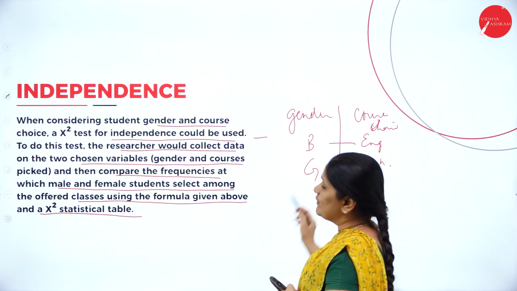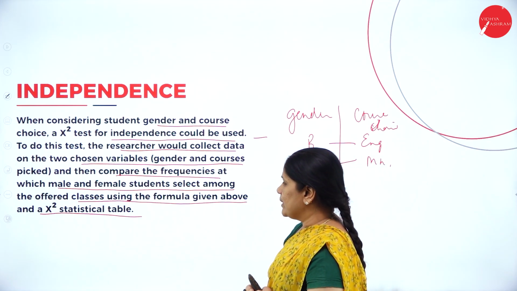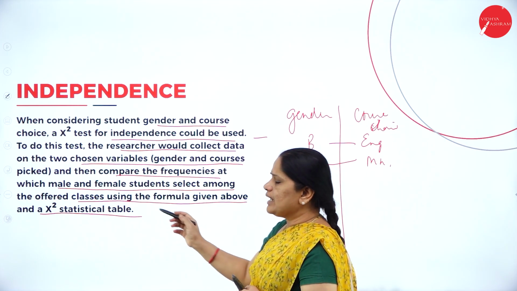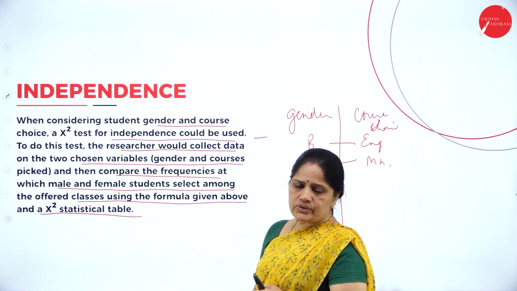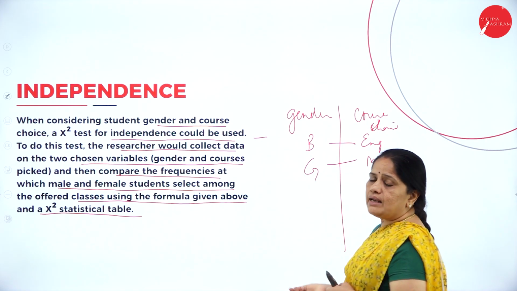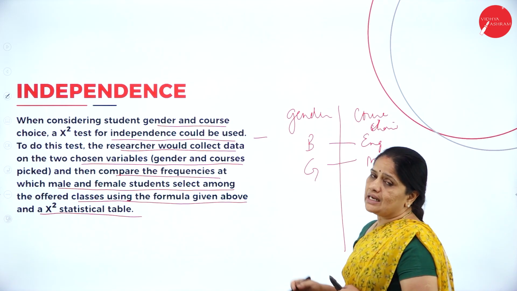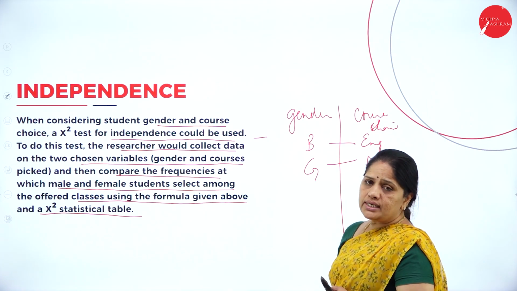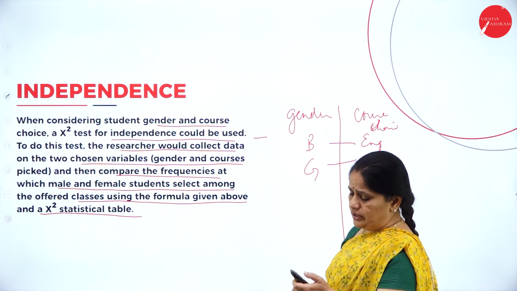When we need to make a comparison, we can make use of the chi-square test. With the help of the chi-square formula and the chi-square statistical table, we can come to a conclusion whether the gender affects the course choice, what course of education the student wants to take.